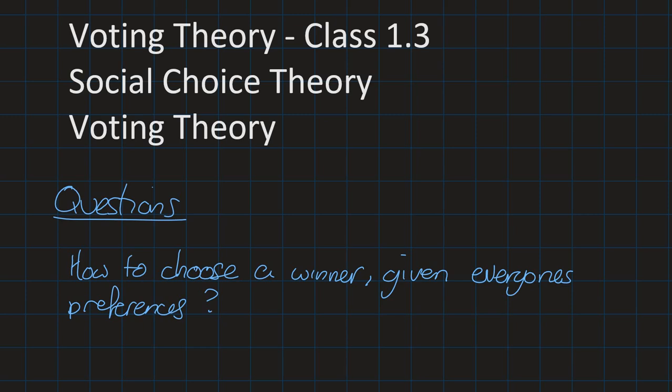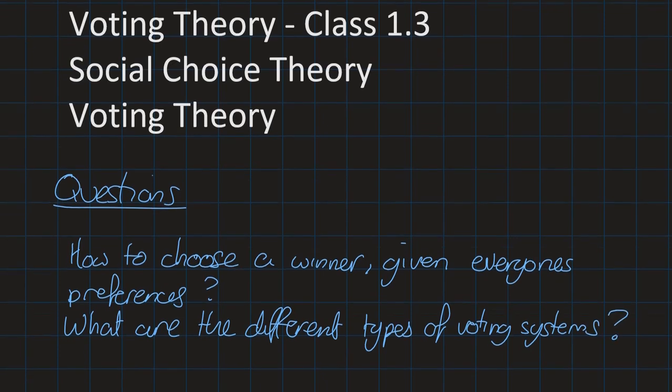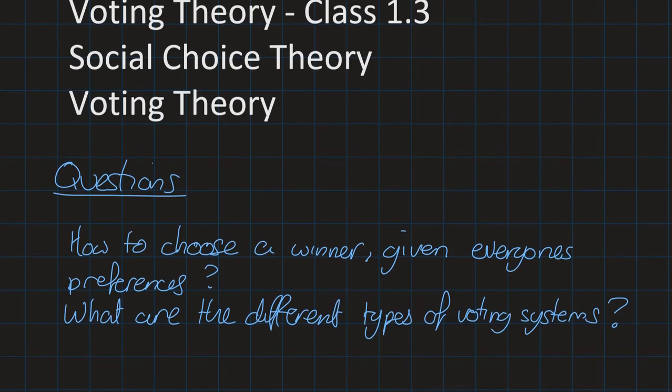What are the different types of voting systems, of electoral systems? Because there's more than just the plurality, the first past the post, which is so common nowadays.